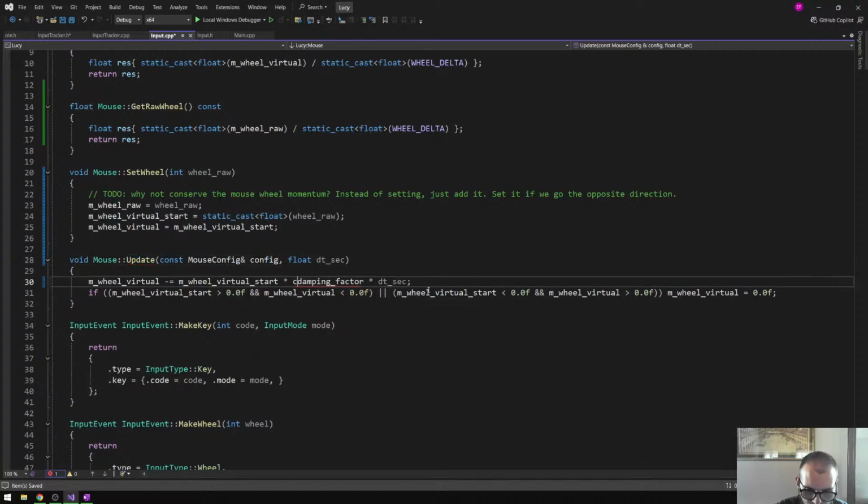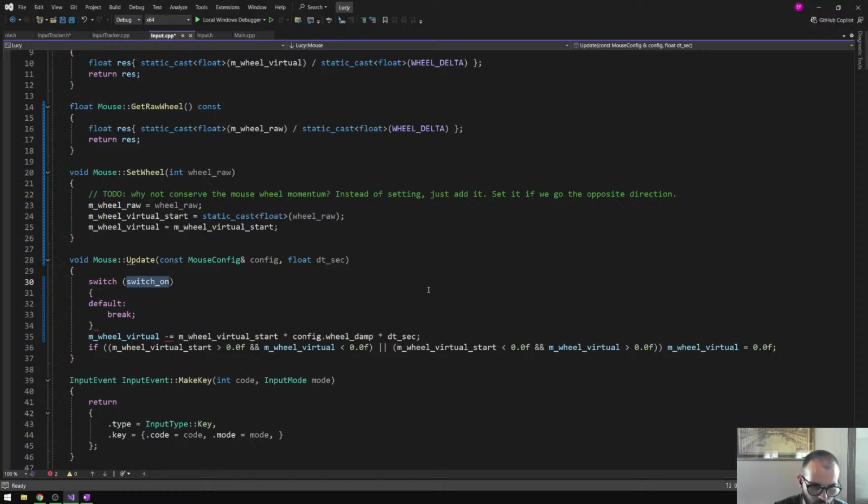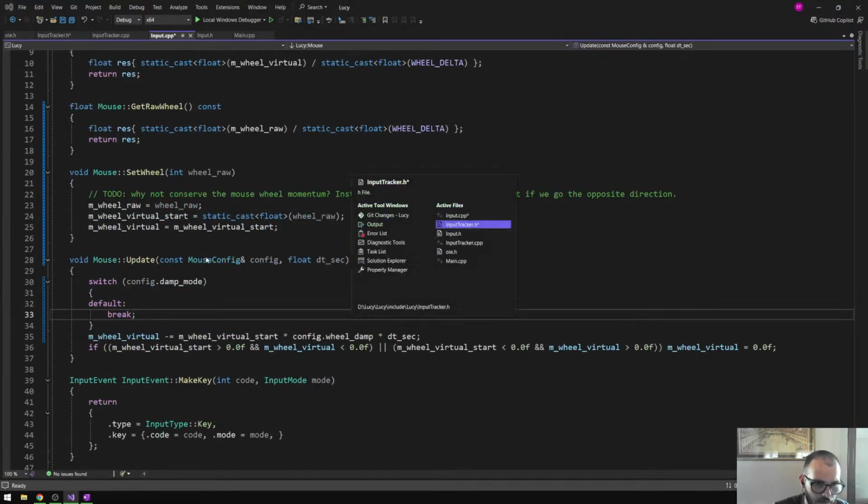So the config dot wheel damp, and the idea is that we do the switch config dot damp mode, and then we pray, and our prayers have not been heard.